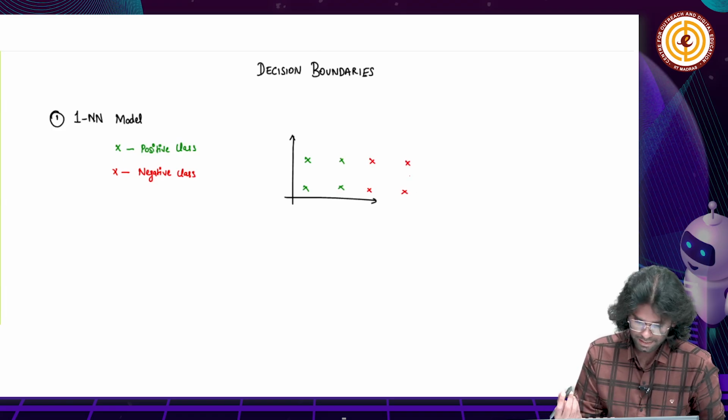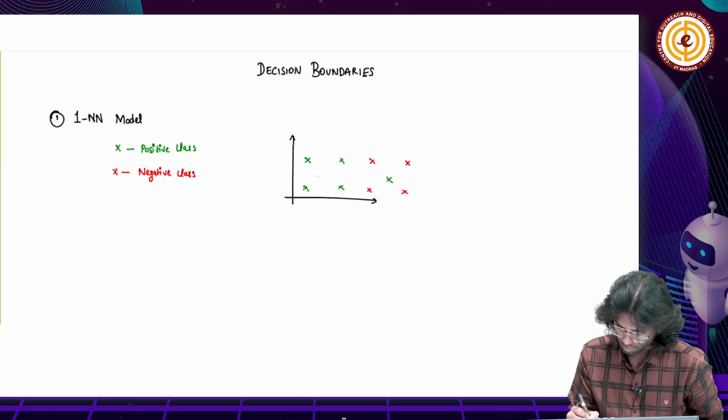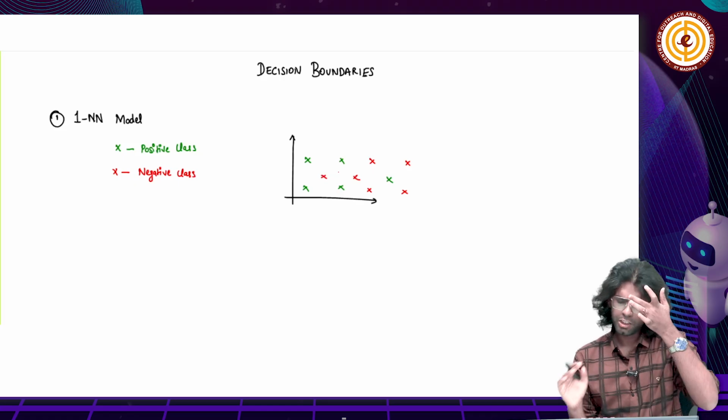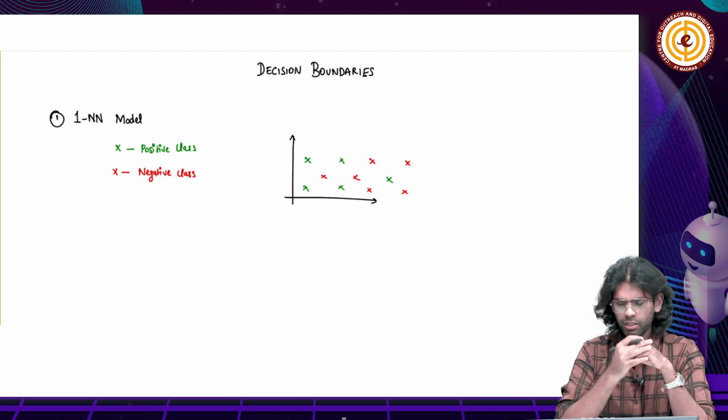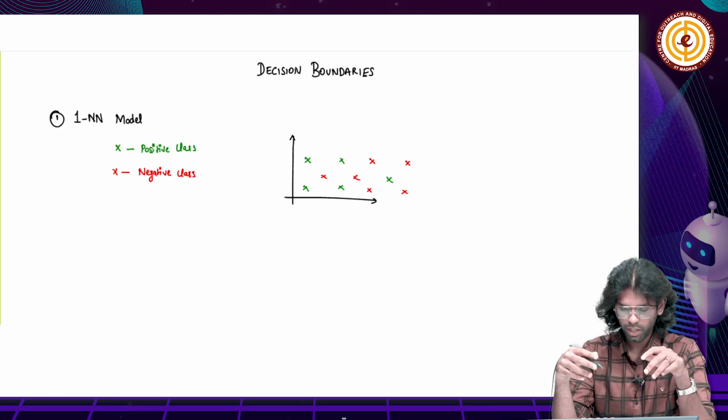Okay, and maybe we'll put in some outliers also over here. Yeah, so this is my data set. Now this is what the decision boundary is, right? So I'll come to that.